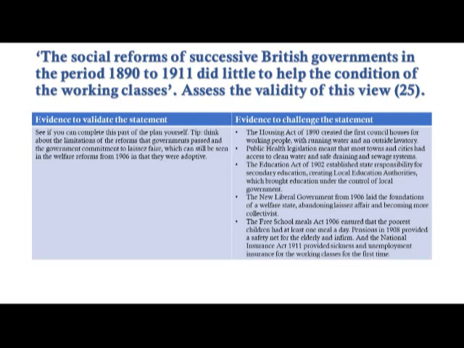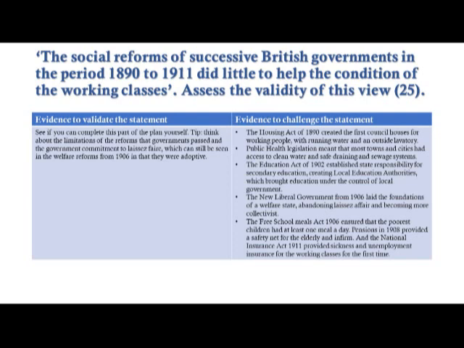Now, with this type of question, of course, you have to look at the social welfare reformers, or the New Liberals. We know that many historians would argue that they laid the foundation of a welfare state. They passed legislation for children, which included the Free School Meals Act, which meant that in many schools, poor children had at least one decent meal a day.